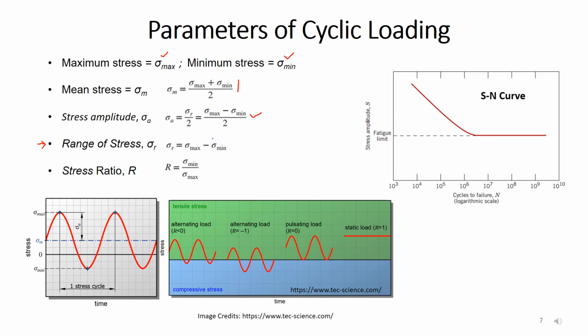Whereas the stress ratio R is the ratio of sigma minimum, which is the maximum value of the compressive load, divided by sigma maximum, which is the maximum value of the tensile load. As we have discussed, above the zero stress value, in the positive direction we have tensile load, and in the negative direction we have compressive load.